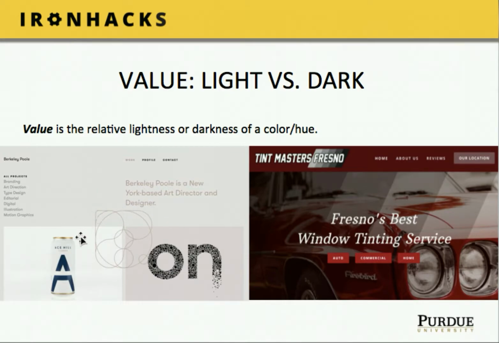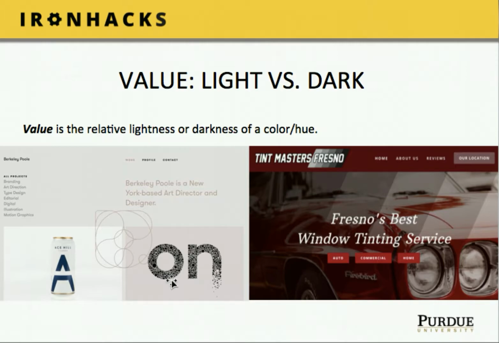So a tint of a hue is achieved by adding white to the color. A shade is achieved by adding black to the hue, and different tones are achieved by adding different grays to the hue.